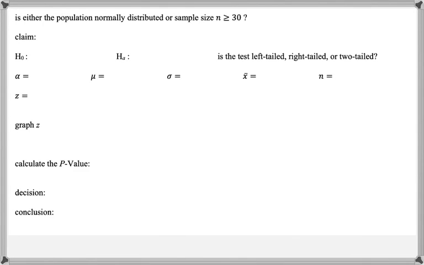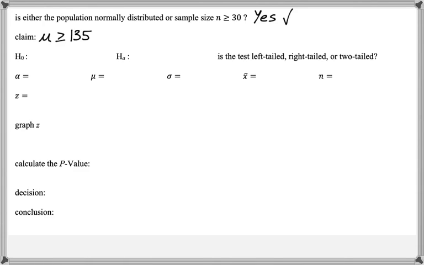So first, is either the population normally distributed or the sample size greater than or equal to 30? Well, our sample size is 32, so yes. The problem says that the manufacturer claims that the temperature is at least 135. So that means that mu is greater than or equal to 135.